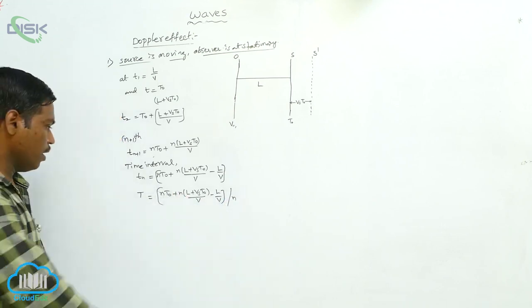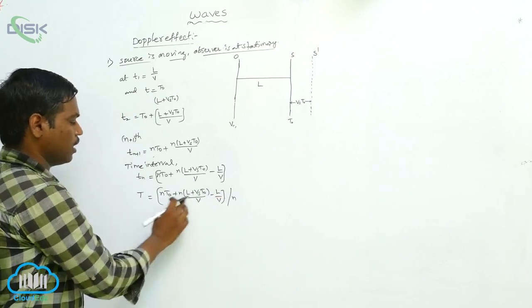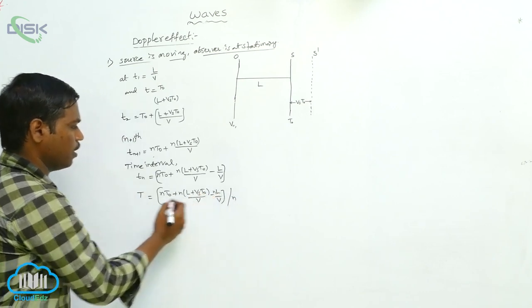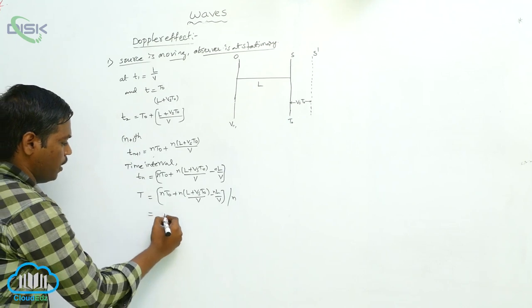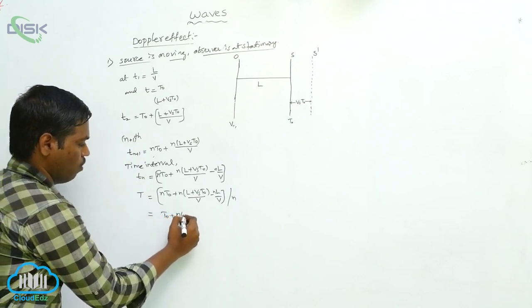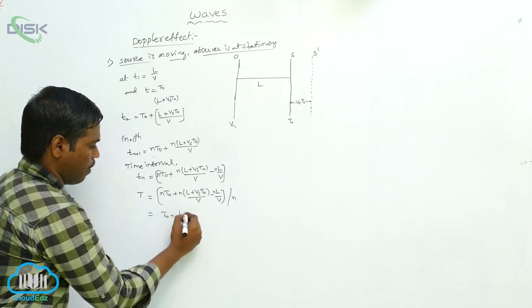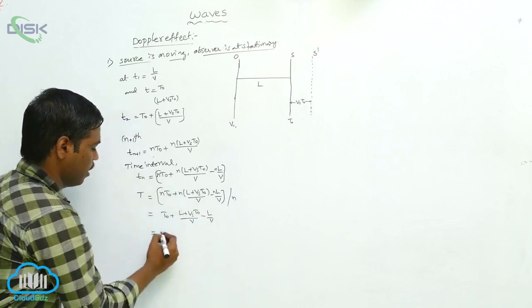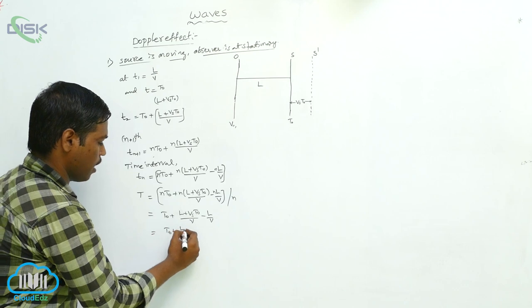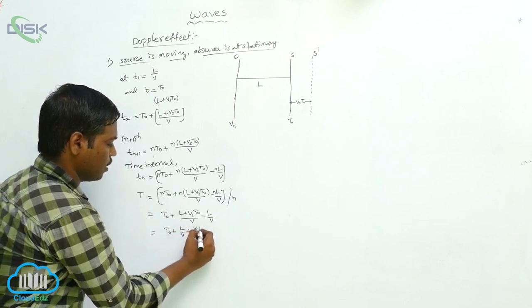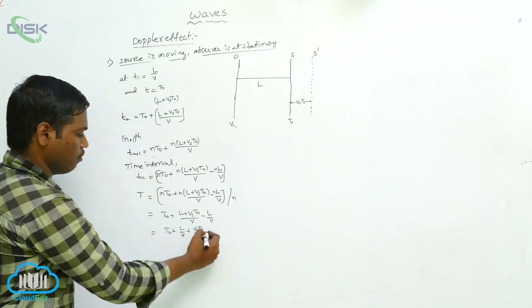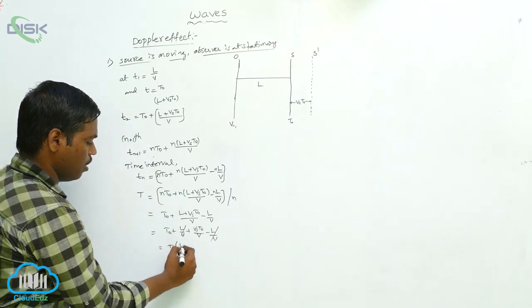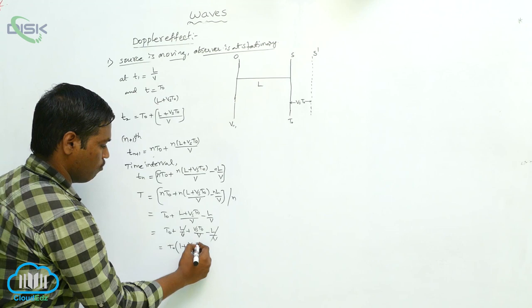The n gets cancelled, so we get t0 plus (L plus Vs t0) by V minus L by V, that is t0 plus L by V plus Vs t0 by V minus L by V. L by V cancels.